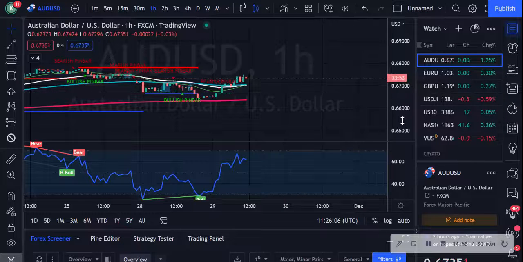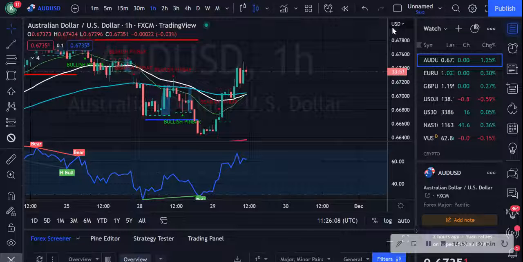So again, if you guys are trading any other pairs, just do a naked chart, draw support and resistance lines, understand the overall trend pattern on a higher time frame, and then if you feel like a retracement is coming and it's going to reverse, you can always catch the reverse, but do it in a time frame where you're not trading against the trend, because that gives you the least amount of risk.